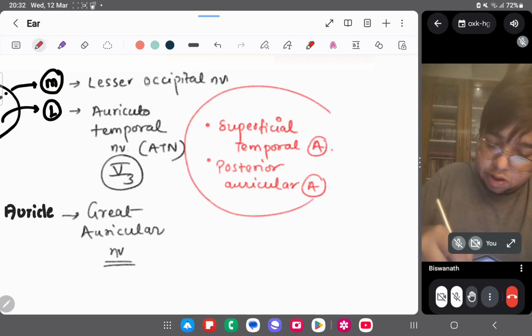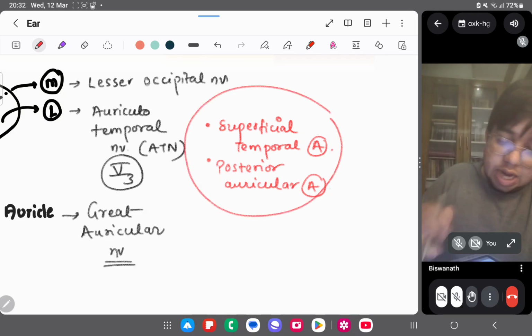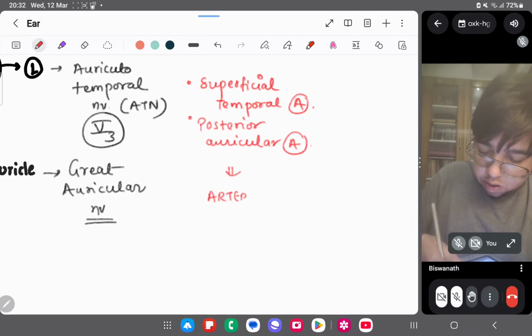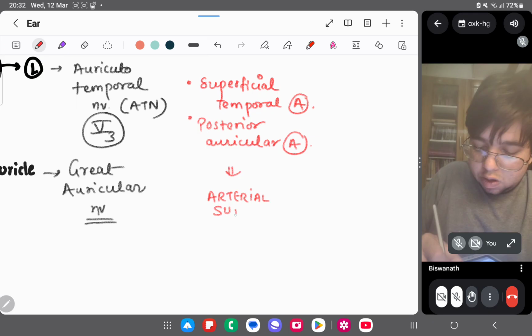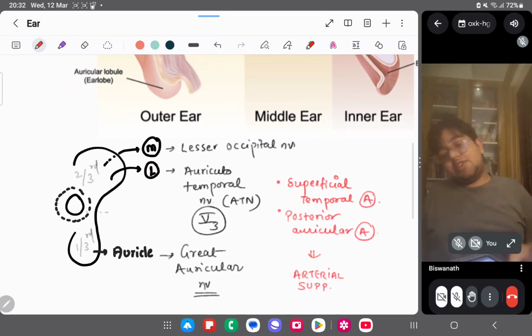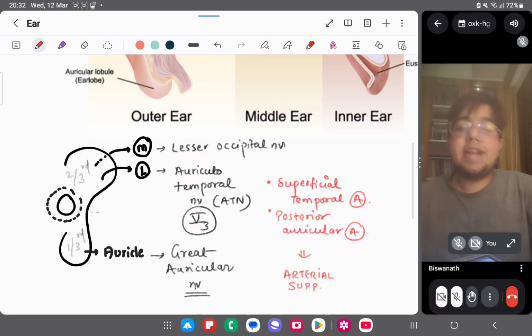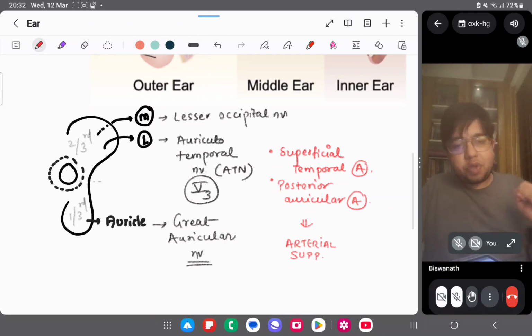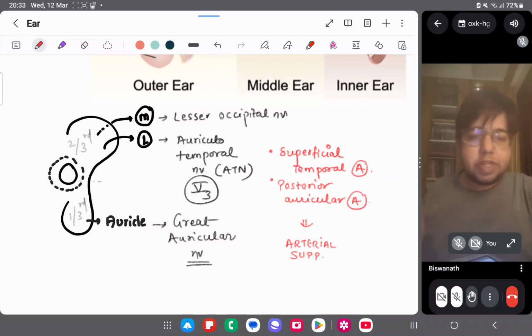So this is the arterial supply. I discussed with you the nerve supply and the arterial supply, right? Outer ear is done. For the anatomy point of view, this much is done.